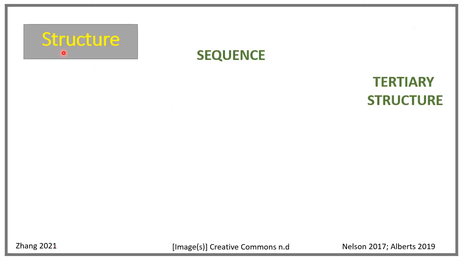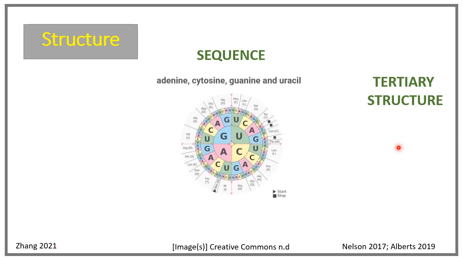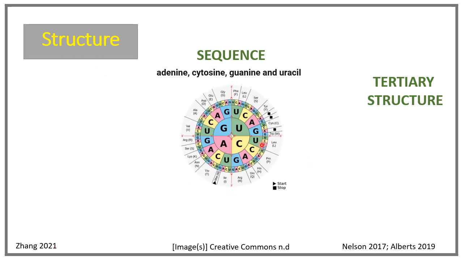Okay, now let's turn to the structure of our channel protein. The first level of structure that we want to look at is the sequence of amino acids that forms our protein. And it's RNA that's going to dictate the sequence of amino acids, which ones and in what order.